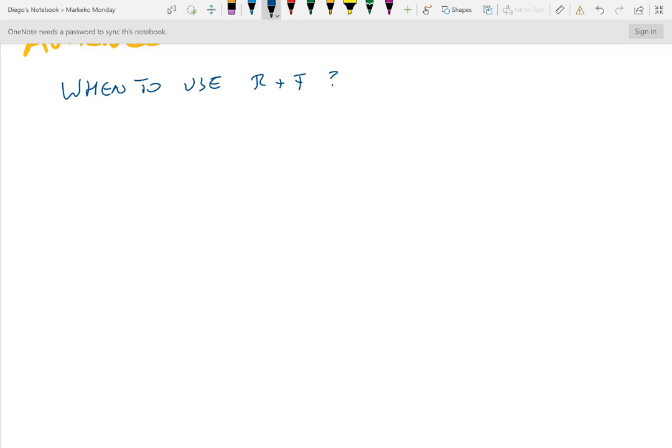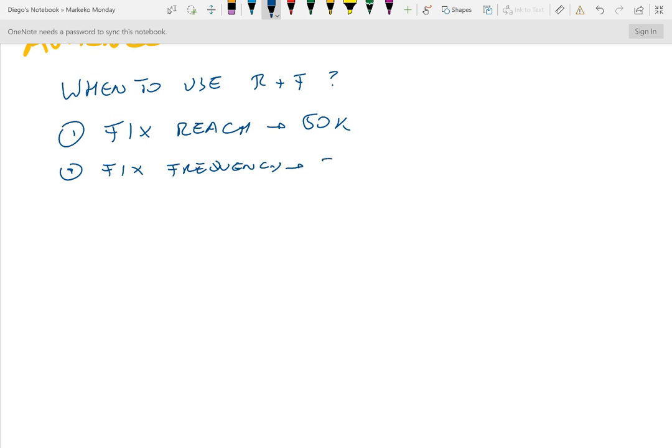The obvious, I would say, is one, when you want to fix your reach. So if your client says, I want to make sure I reach all of my users, my 50,000 user base, you want to go for reach and frequency. The second thing, like I mentioned before, is when they want to fix frequency. So again, I want to show my ad 3 times every week.